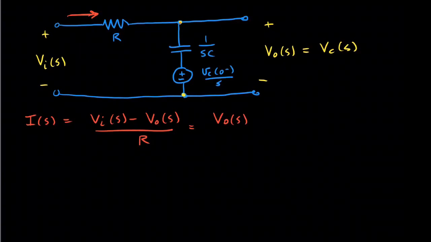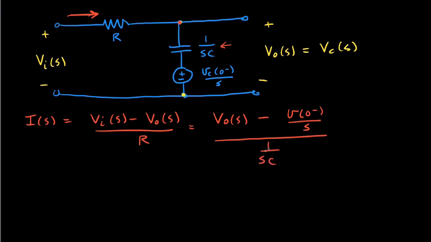We have this node here, V out of S, minus, now this voltage here separates us from ground, or common. So we have V out of S minus V of 0 minus over S, and then that whole thing divided by the impedance of the capacitor, which is 1 over SC.